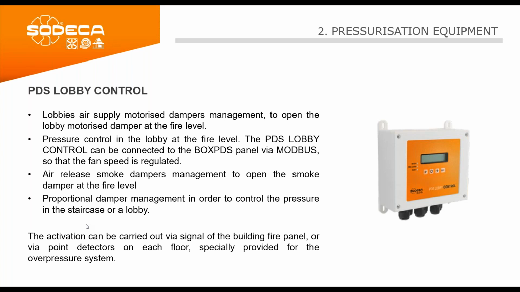Instead of having grilles in the stairwell, we could install proportional dampers. So if we have a difference of pressure along the stairwell, we could supply more air where it is needed. The activation of this PDS lobby control can be done via a signal of the building fire panel, or via point detectors on each floor.